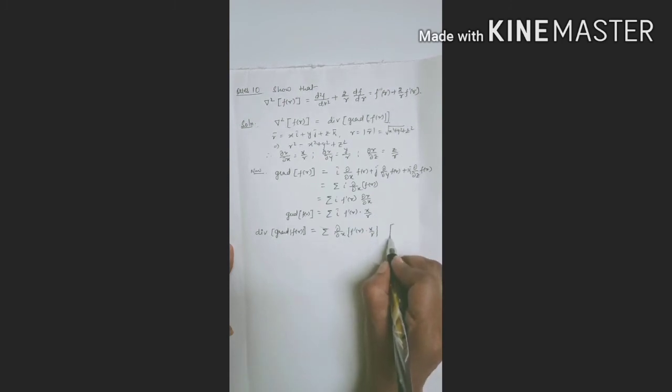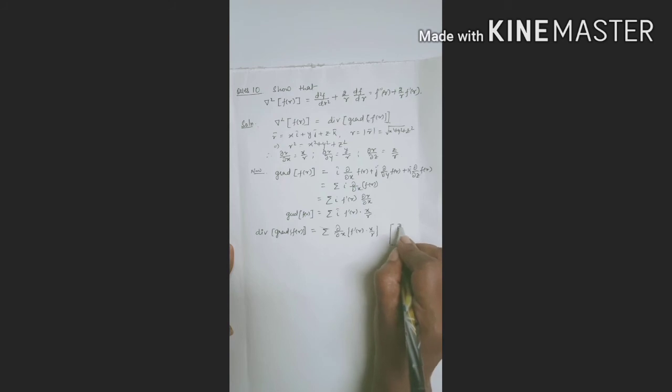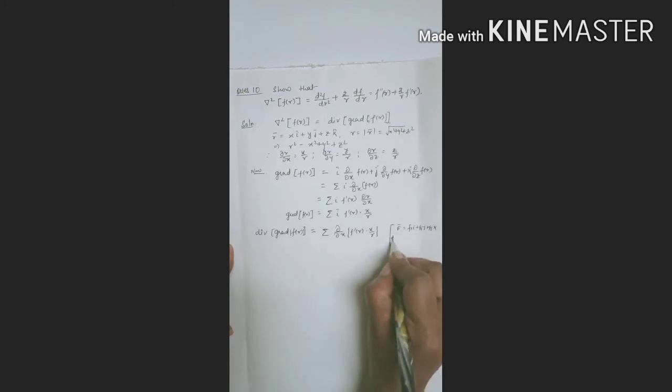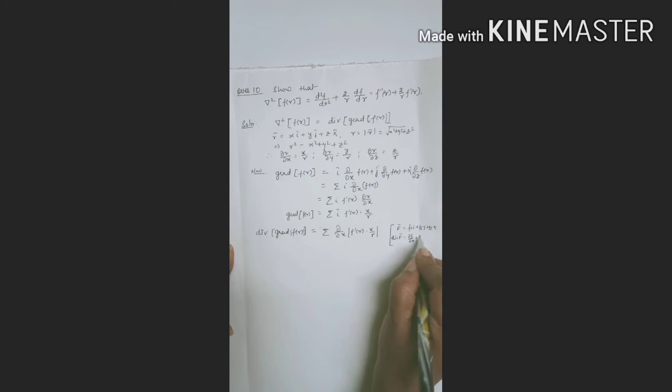Right, again I am mentioning here, if vector f is f1 i plus f2 j plus f3 k, its divergence will be del f1 by del x plus del f2 by del y plus del f3 by del z.